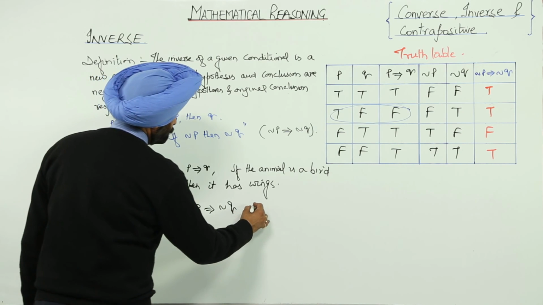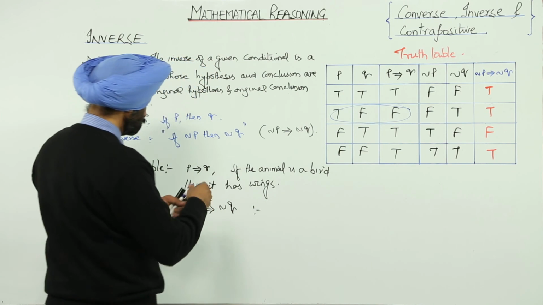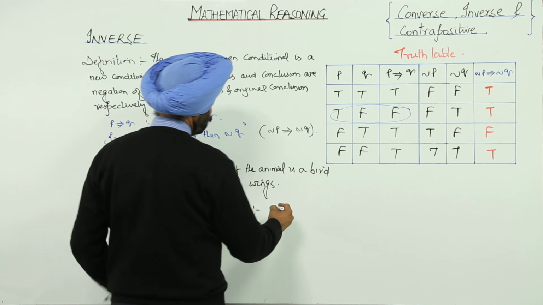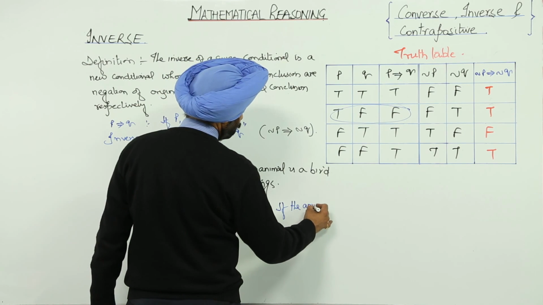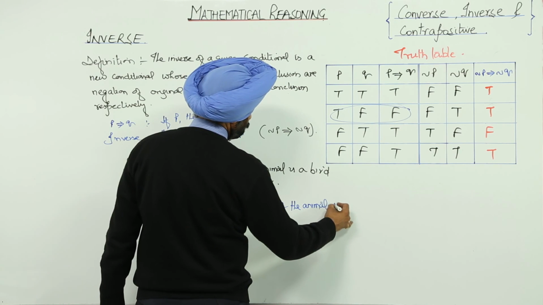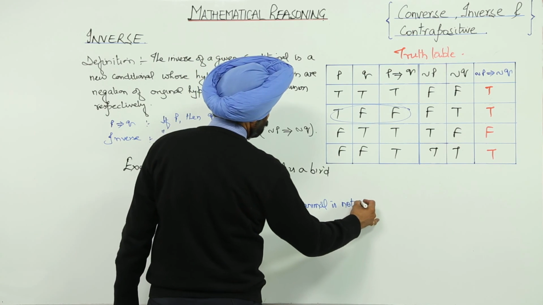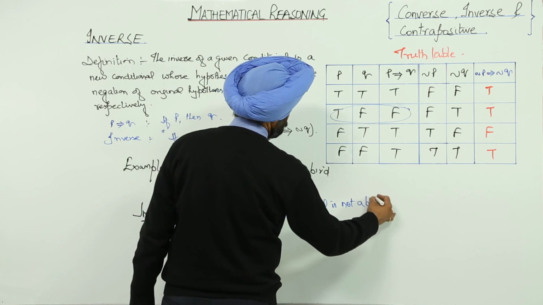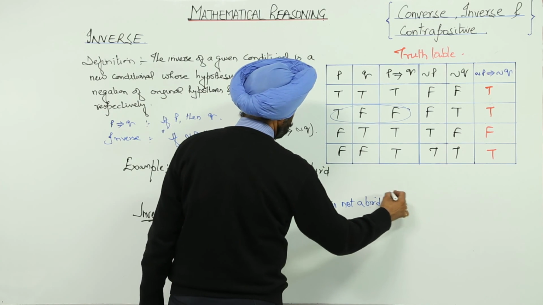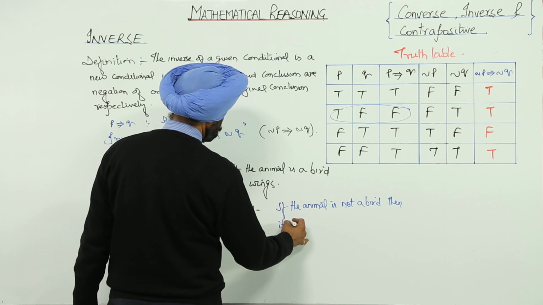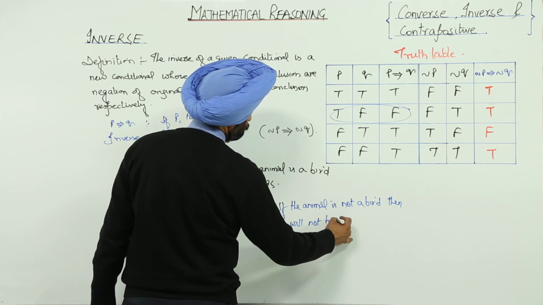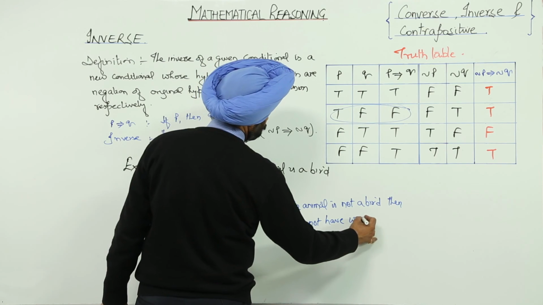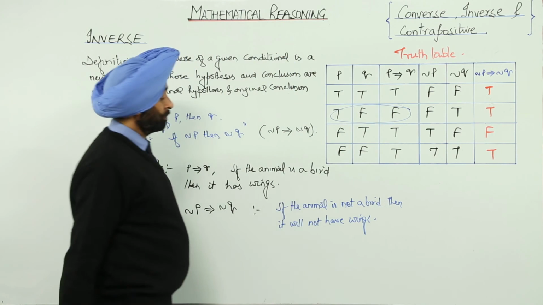Negation of P implies negation of Q. If the animal is not a bird, then it will not have wings. Very simple. Is it clear?